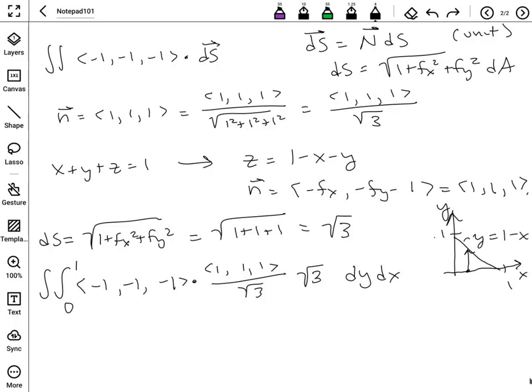And I could do some point-slope stuff to figure out that that line is y equals 1 minus x. So my upper bound is actually 1 minus x. And then for the x bounds, x is bounded below by 0, and it goes up to 1. So I have those bounds right there.